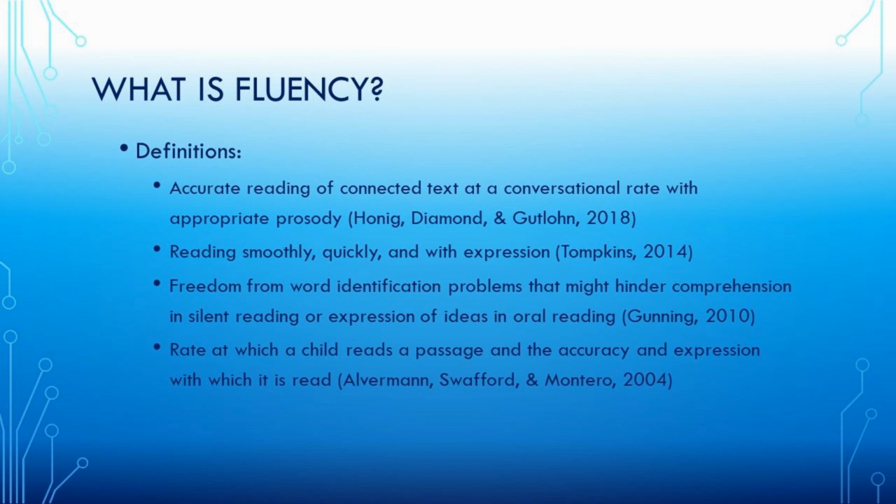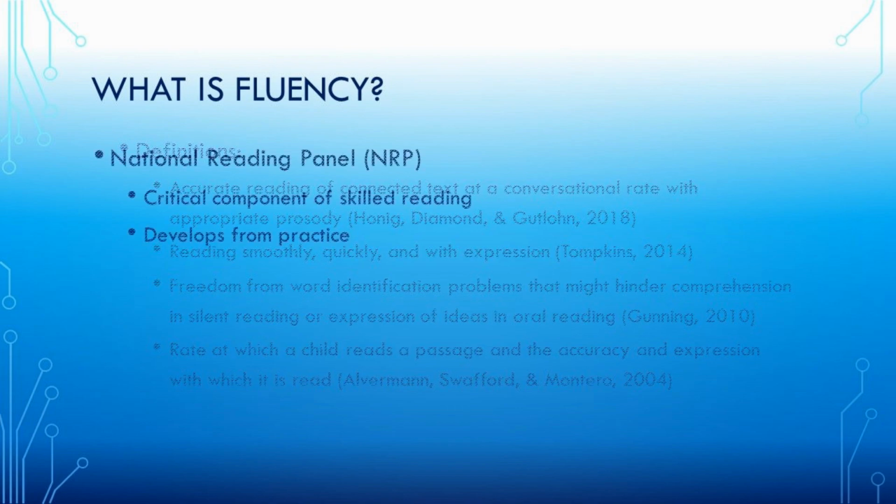Alberman, Swafford, and Monroe define fluency as the rate at which a child reads a passage and the accuracy and expression with which it is read. Although they all state it differently, they are all accurate. Fluency is generally equated with phrasing, smoothness, and expressiveness, as well as rate, accuracy, and automaticity.